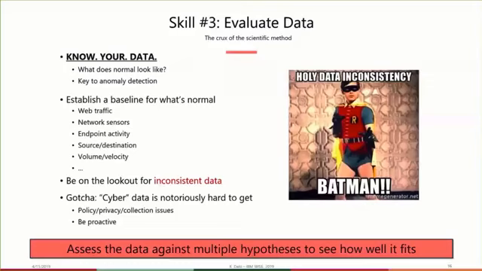What does normal endpoint activity look like? This is key to anomaly detection. This is how you'll be on the lookout for inconsistent data. So again, evaluating data: if the data is not there, it's not there. Be proactive in establishing good data collection practices.